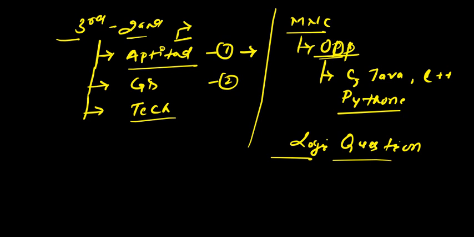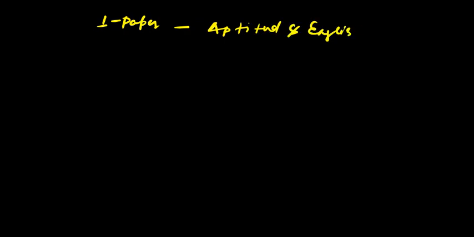In coding, mostly there are two strategies for the questions. The first paper is aptitude and English plus reasoning.